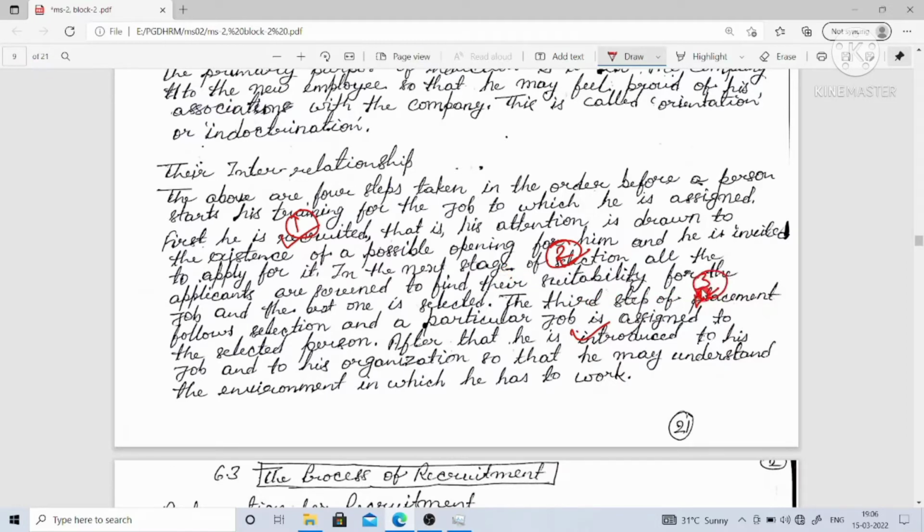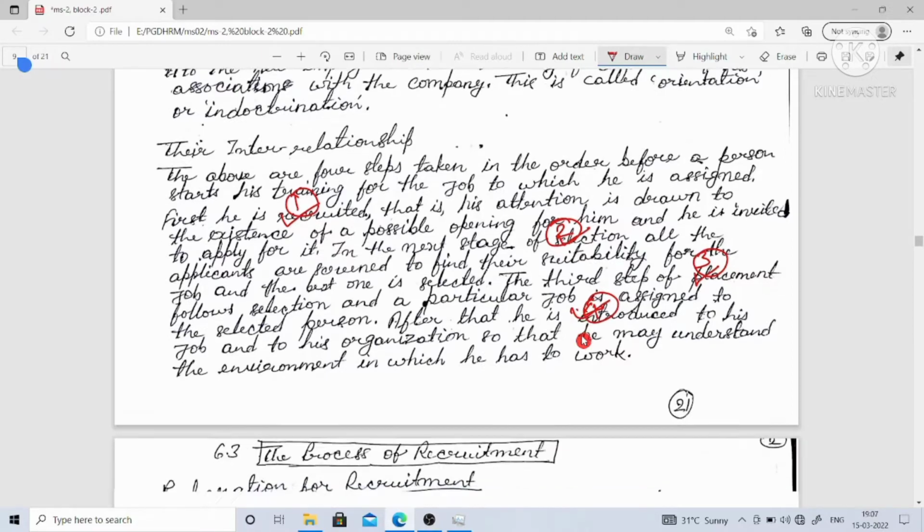Then in third, selected candidates are placed in different jobs. And the fourth one given, people placed in different job roles are introduced to the job and the organization so that he or she may understand the environment in which he has to work.